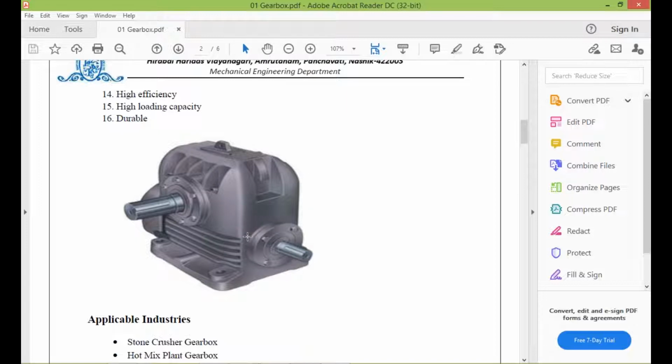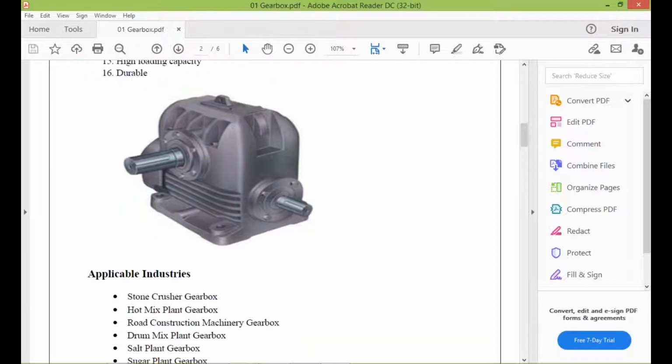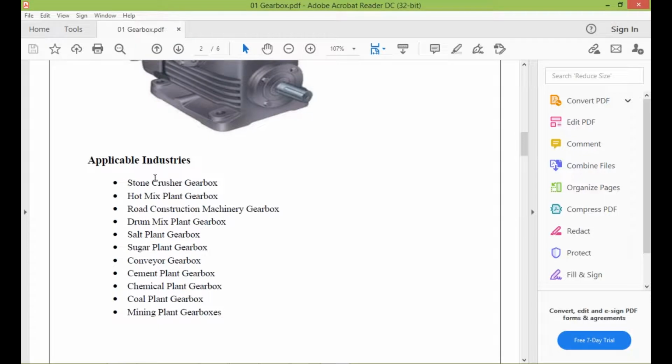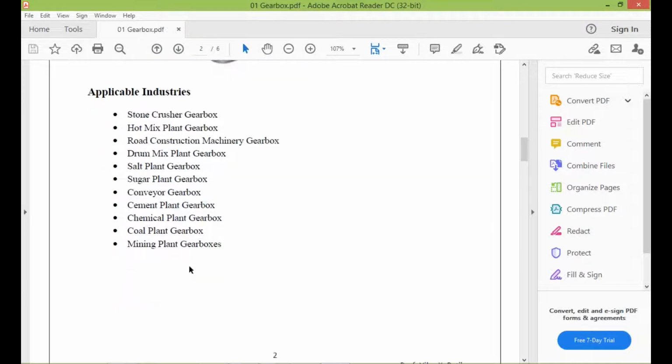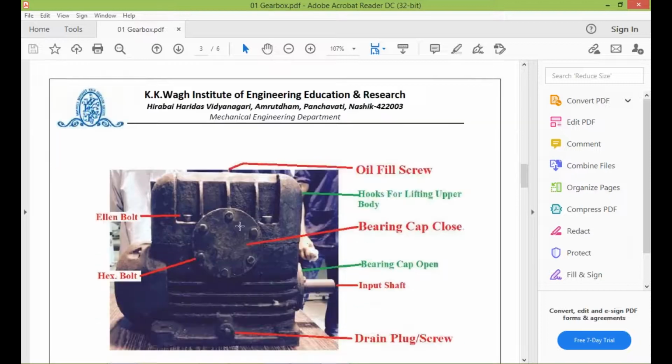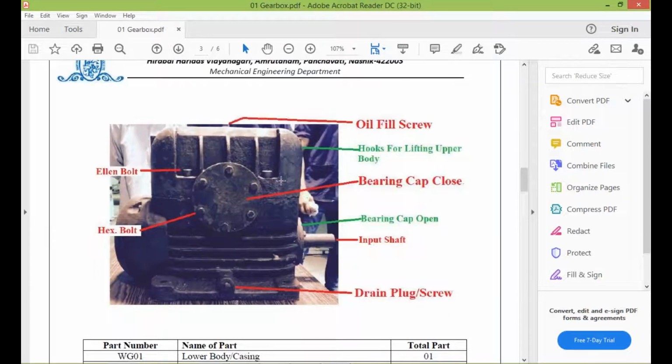This is the main function of the gearbox, right? And our aim for this practical is to disassemble the gearbox. Different applications are also given for the gearbox: stone crusher gearbox, hot mix plant, conveyor gearbox, sugar plant gearbox, coal plant gearbox, mining. Okay, now let's start from here.